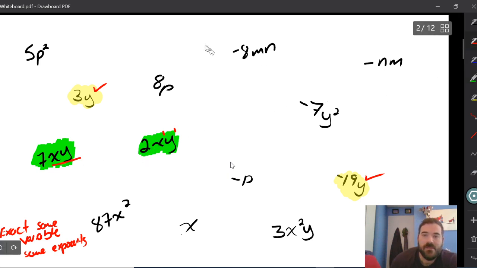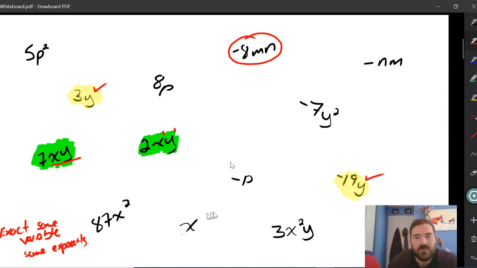Let's try negative 8m times n. Let's see, do I have another negative 8? So it doesn't matter if the coefficient is different. Well, we have a negative nm, and so this is a negative 1, even though it's not written. So mn, it has an m, it has an n. However, they're in the wrong order, but that's okay because we can multiply in any order we want.